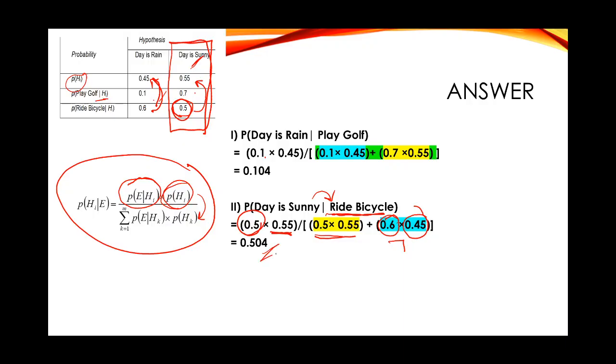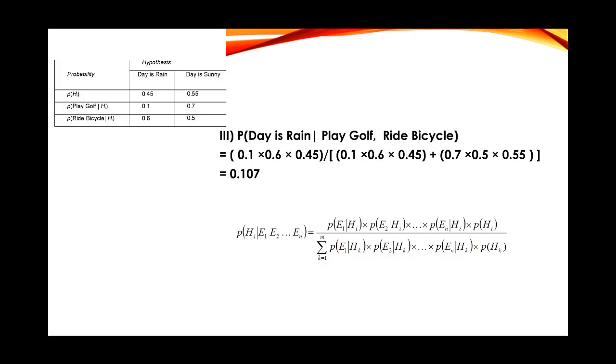What about if you have multiple evidence, meaning that you would like to see the probability of day when you play and ride bicycle together? What you have to do is multiply the probability of each evidence, play golf and ride bicycle, with the probability of the hypothesis, that is day is rain here.